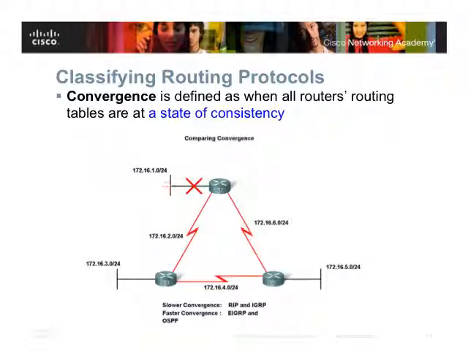Initially, router 2 knows, but router 1 and router 3 will not know that until they get some update from router 2. So router 2 knows, router 1 doesn't know, and router 3 doesn't know, which makes the whole network inconsistent.